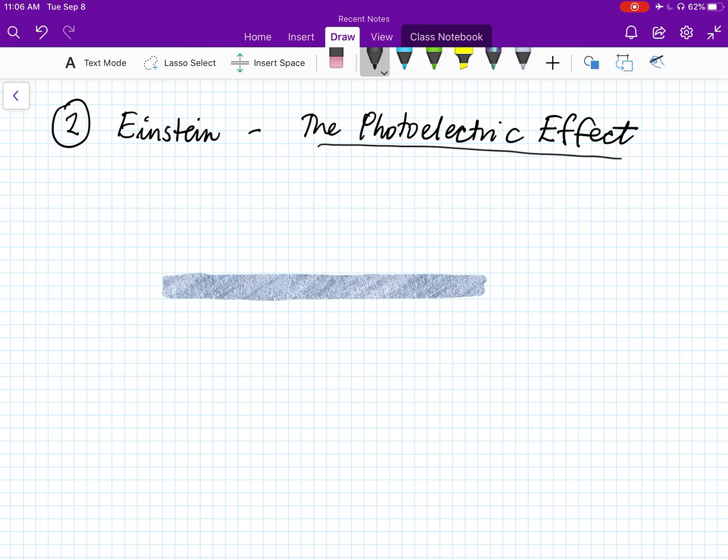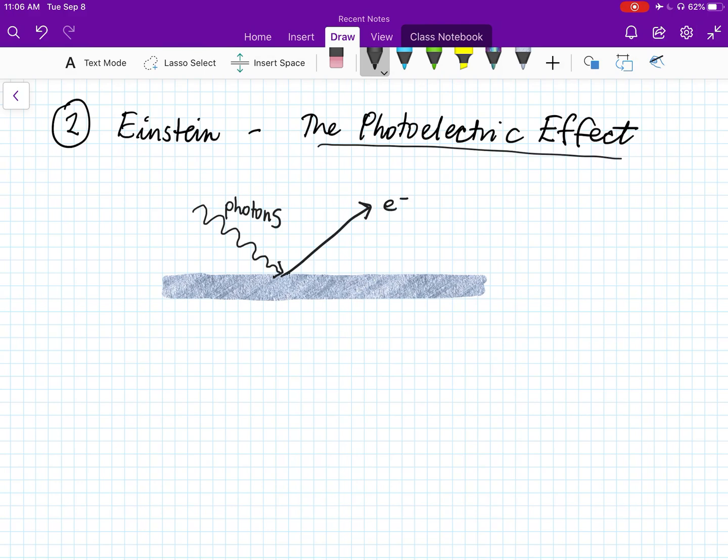So when light strikes the surface of a metal, what happens? If we have light, you can think of it as a stream of photons hitting the surface of a metal, and electrons get emitted from that metal.